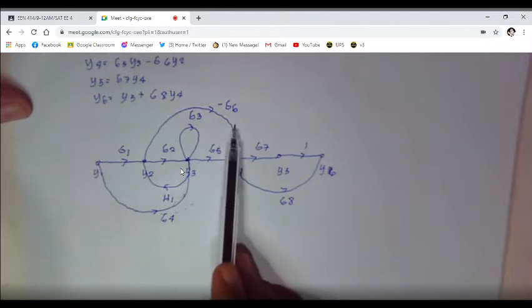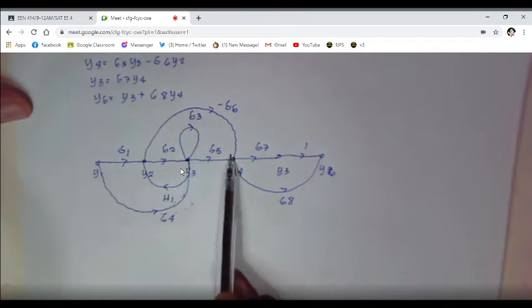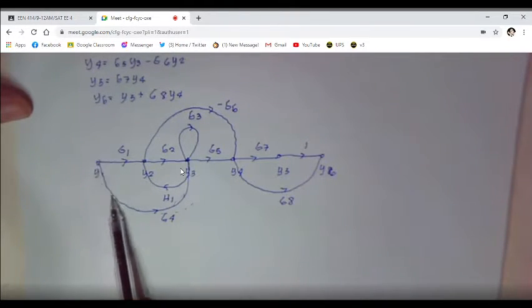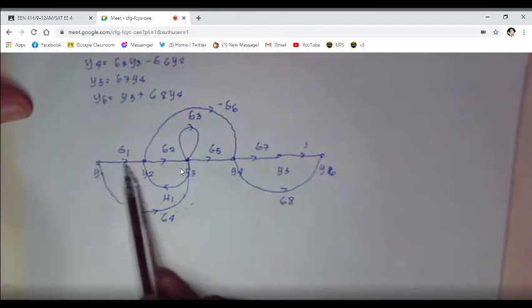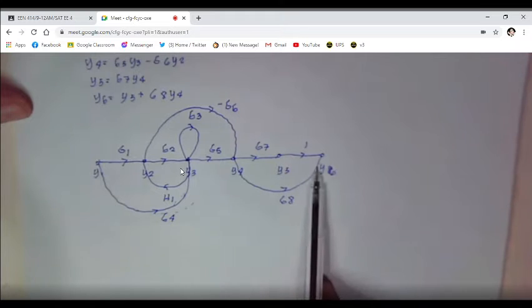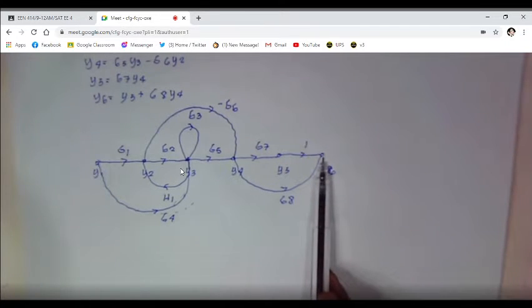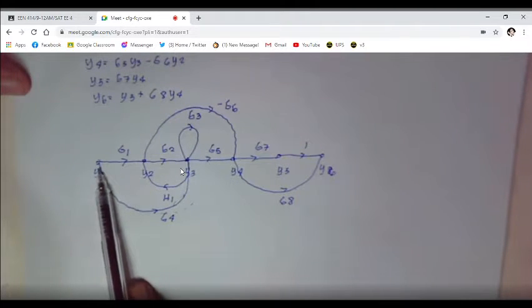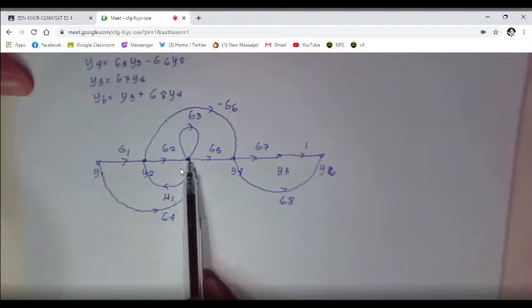So, 1, 1, 2, 3, 4, 5, saan yung 6? Ito yung 7 kanina, ito yung 7.